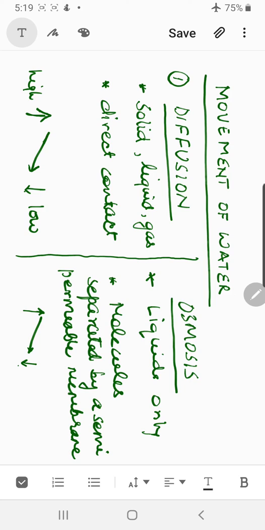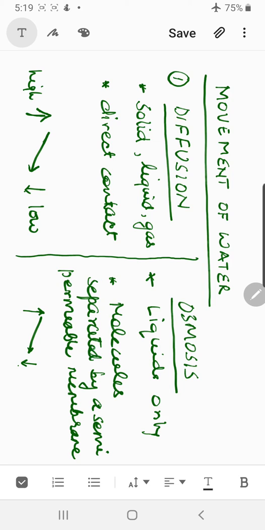So the deo spray molecules would be moving from higher concentration to lower. This is just an example, but what I am trying to say is that molecules come in direct contact, and after recognizing which is the area of lower concentration, the molecules tend to move from one place to another.